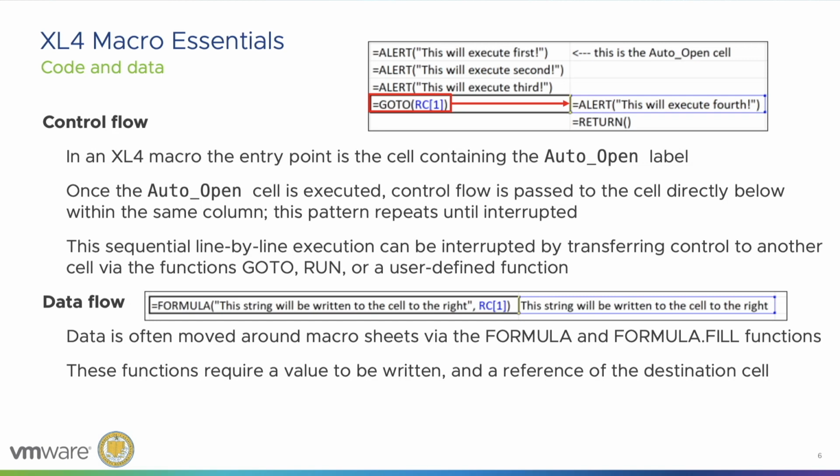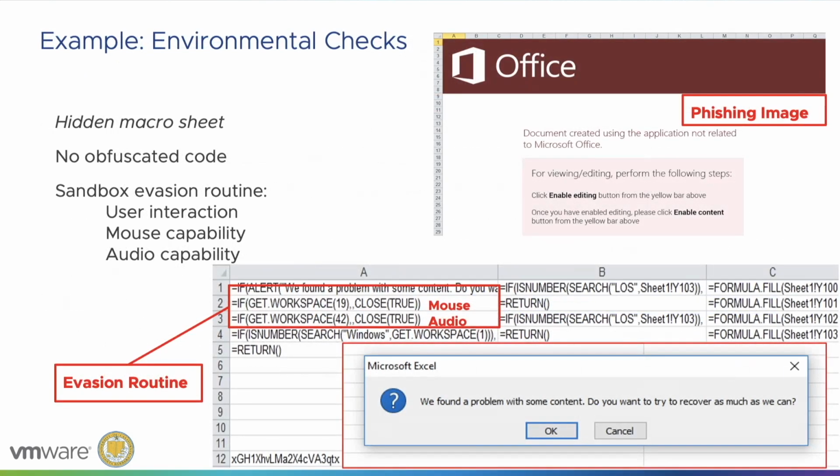So, for example, a formula function could write some code, expressed in terms of functions, in a specific cell, and then the program could jump to that cell, and therefore there is the chance of doing dynamic execution of code.